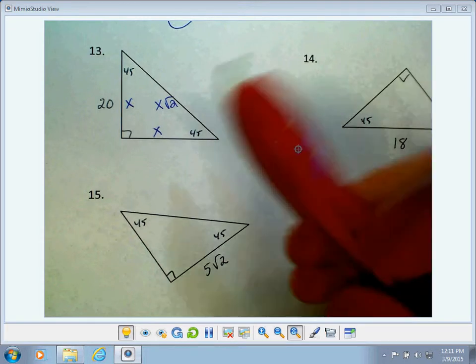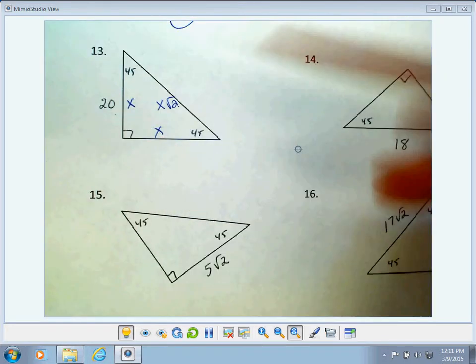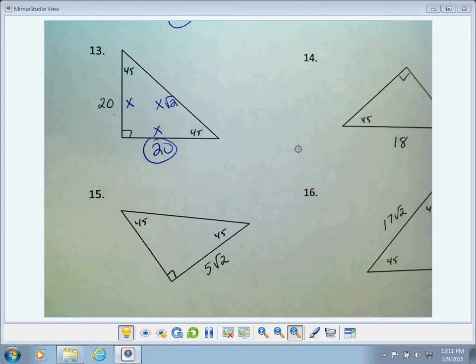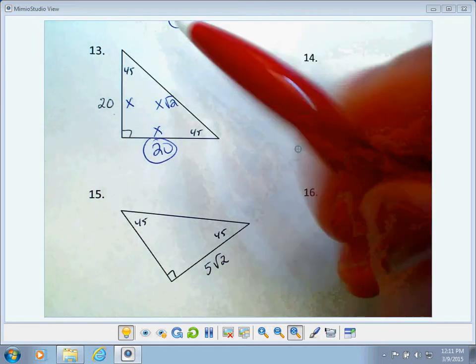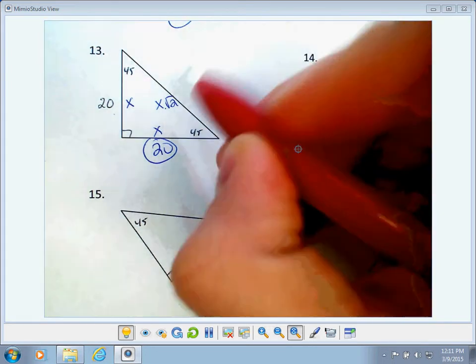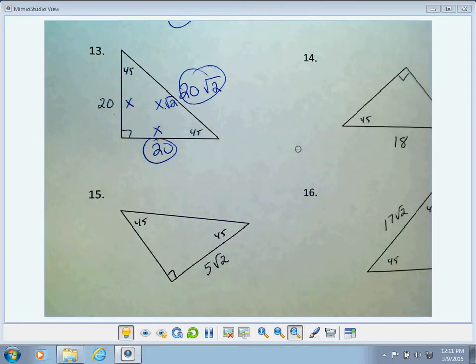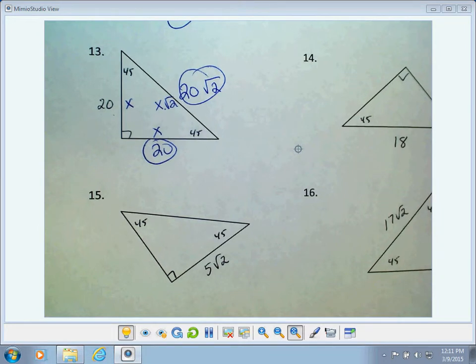So in this case, knowing that x is equal to 20, we can easily put 20 down here and know that that is the length for that side. Now, knowing x is 20, put 20 in front of the square root of 2, and then we have the hypotenuse side. These are going to be one of the easier ones because you don't have to use a trick. You're just using the straightforward pattern.